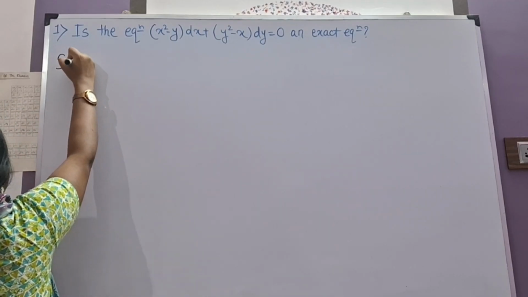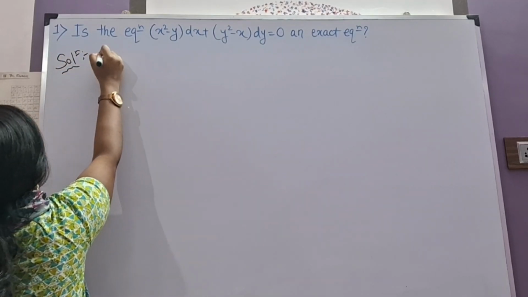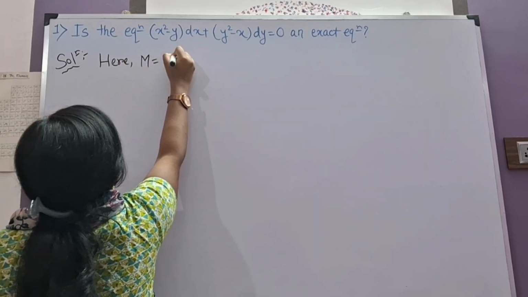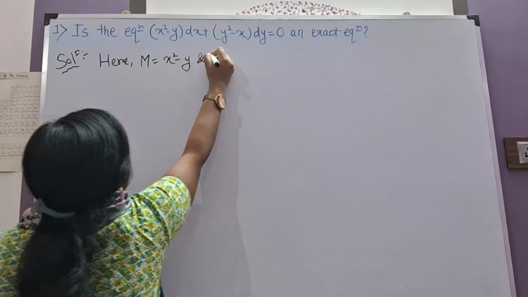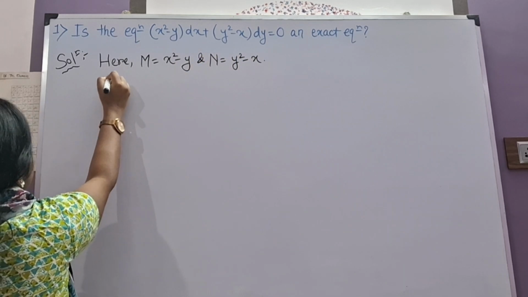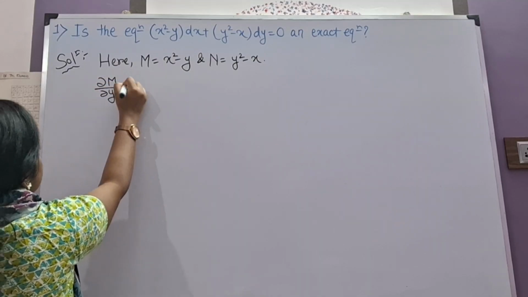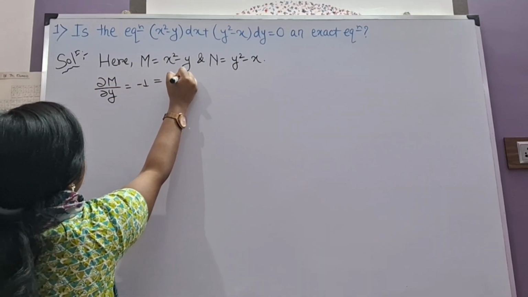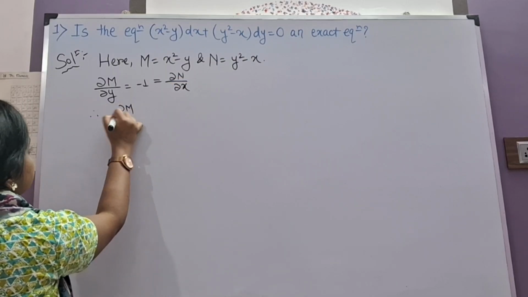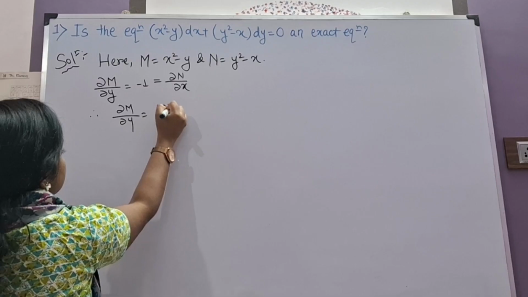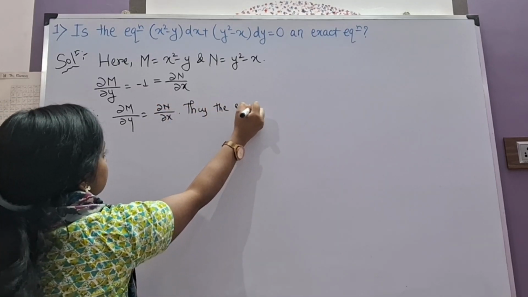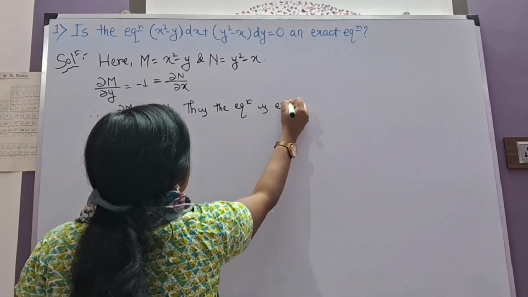Now we are going to solve this numerical. Here M equal to x square minus y and N equal to y square minus x. So del M del y equal to minus 1 equal to del N del x. Thus, the equation is exact.